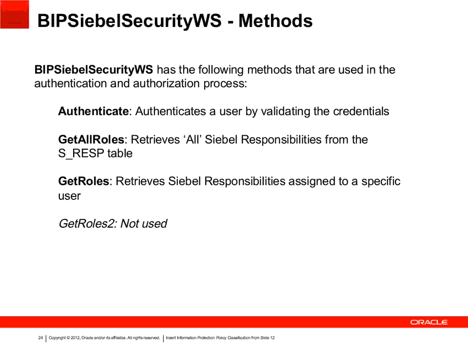How can this happen? There might be an input argument like the user's user ID, by which it can query the responsibilities for that particular user. An important point to note here: the getRoles method gets responsibilities only for one user, whereas the getAllRoles method retrieves all the responsibilities.